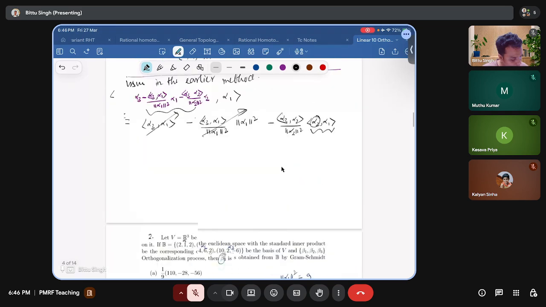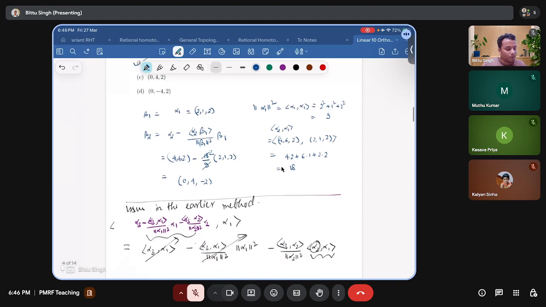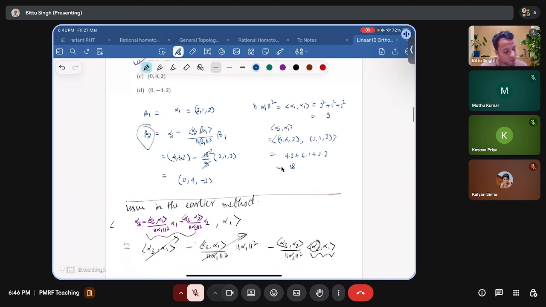So let me rewrite that. Though this does not matter, for the general formula I should always write this. From here you can see that to find beta 3 you also need to find beta 2, otherwise you will not get any new beta 3.